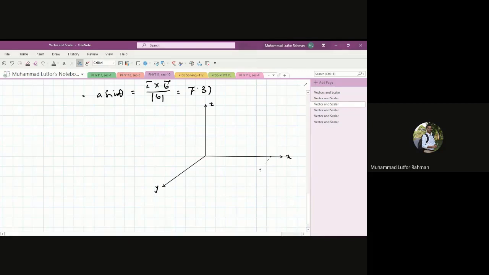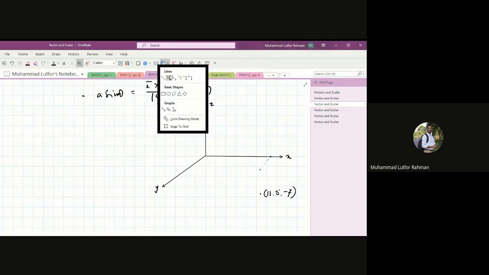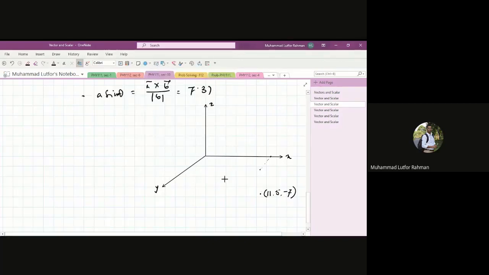So that means I have to move downward, right? Say this is actually that point. Say it's a 7. So I can say the coordinate of this point is 11, then 5, then -7. So this is my coordinate. Now I can draw this vector, say using a different color. So what would that be?